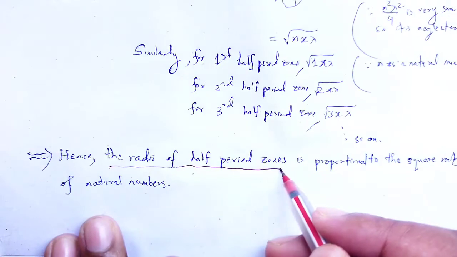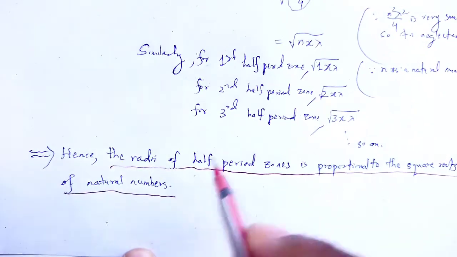The radii of half period zones is proportional to the square root of natural numbers.